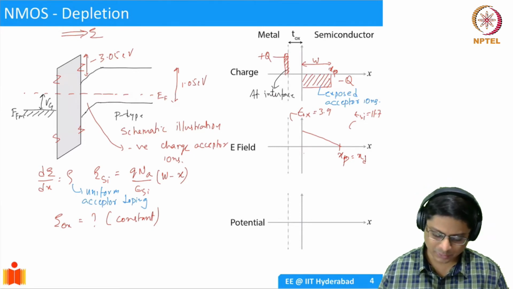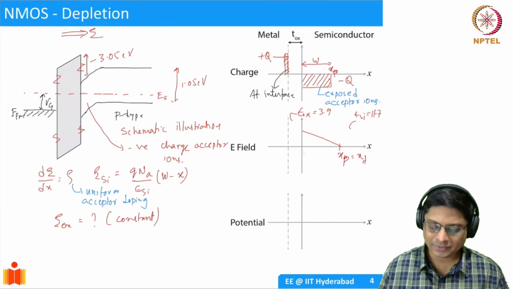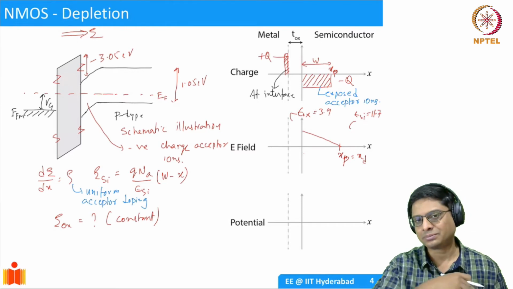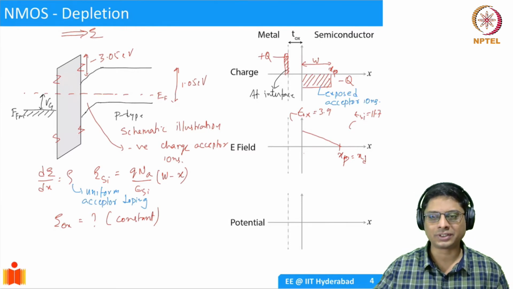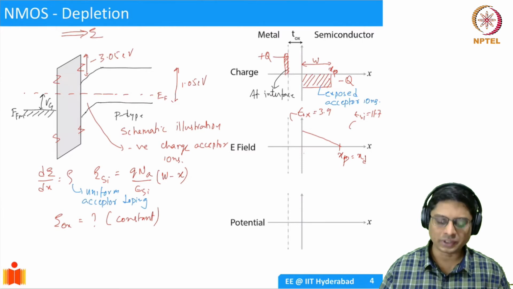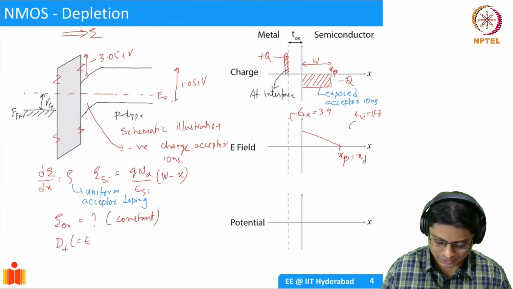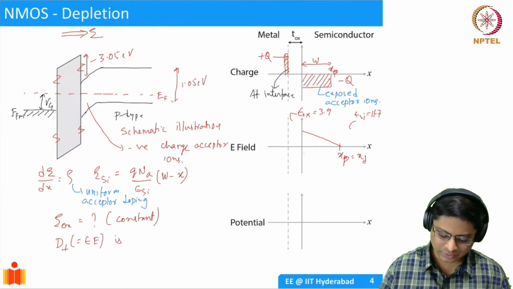Please verify that number once. I'll do that in the next lecture. So we have these two different dielectric materials. When you have electric field normal to the direction of the interface, then we know that D normal, D perpendicular, which is essentially equal to epsilon times E, is continuous.